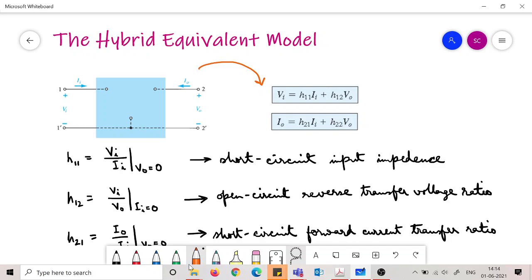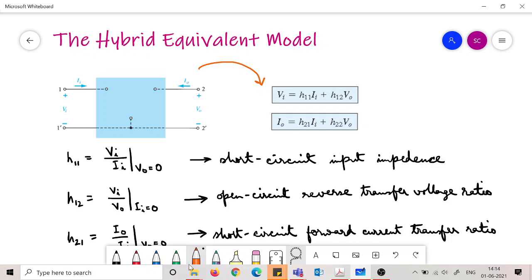If you get an understanding of this, then if suddenly someone asks you what is H21, you will have a picture in your mind that I0 is H21 Ii plus H22 V0. So H21 is associated with Ii and is trying to relate I0 with Ii.